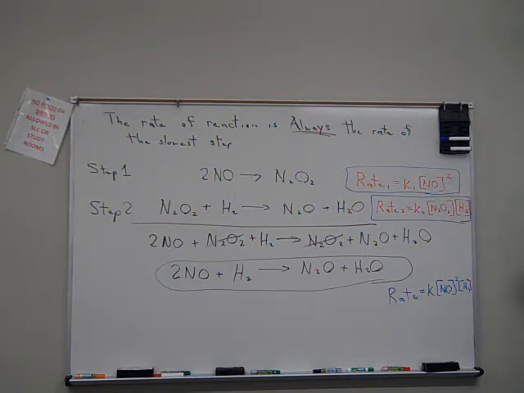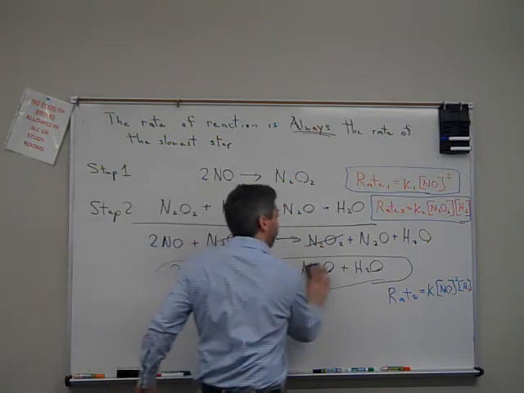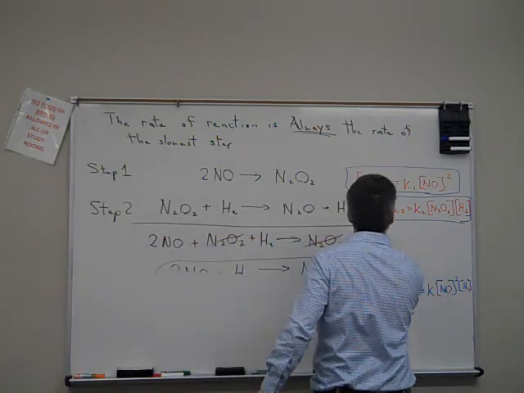Now here's the thing. Let's say I didn't know that this proposed mechanism was correct. How could I prove that this is the same as this? Let me show you. Here's what I would do.